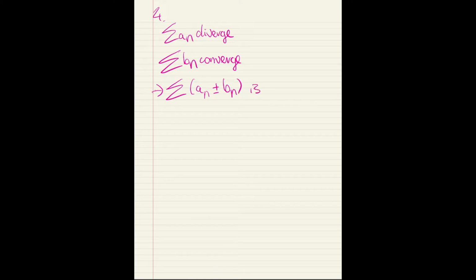The fourth property is that if the series of a of n diverges and the series of b of n converges, then the series of a of n plus or minus b of n diverges. You use this one for the comparison test. We're going to study this one later.